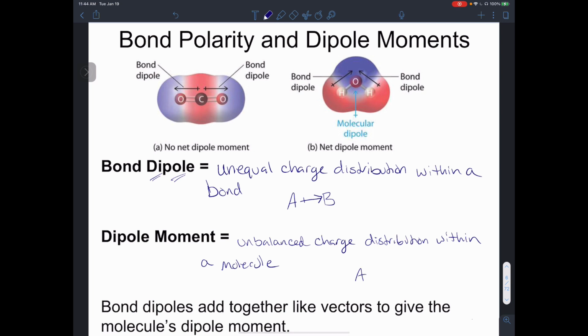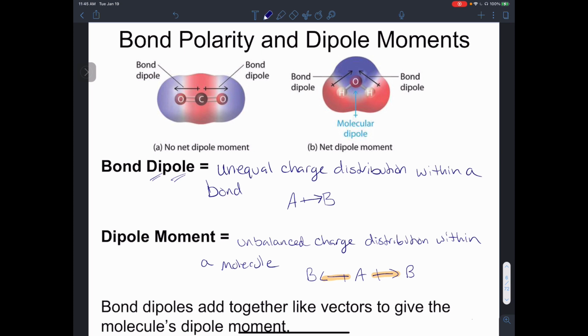If we take elements A and B this time, and still make B the most electronegative one, but let's say this time the compound actually has two B's. So it does contain two polar bonds. It has a bond dipole.